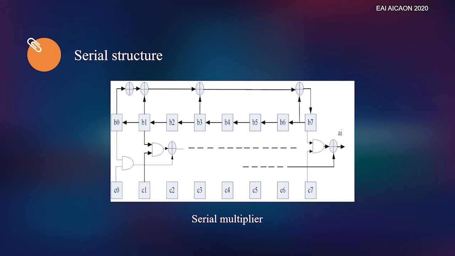In my paper, we give the first clock cycle and the next second clock cycle. According to the formula, we can calculate and give the results. In this way, it can be seen that the circuit in this picture is essentially a polynomial basis structure.